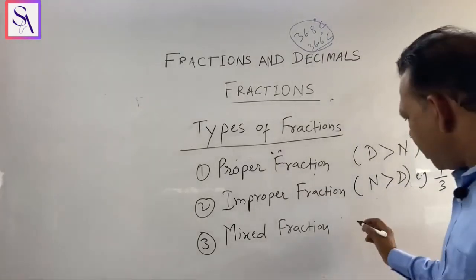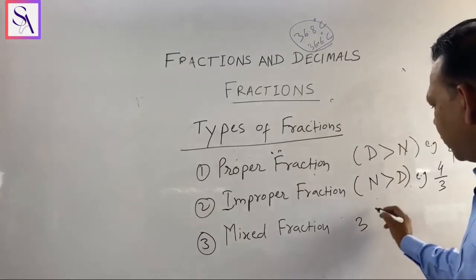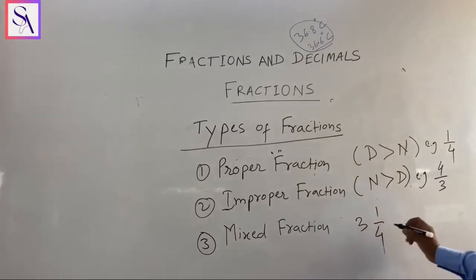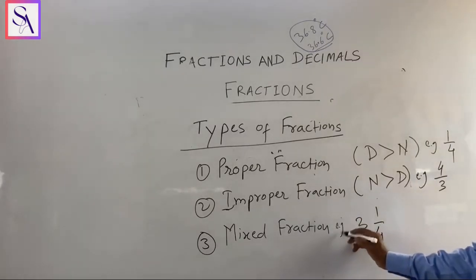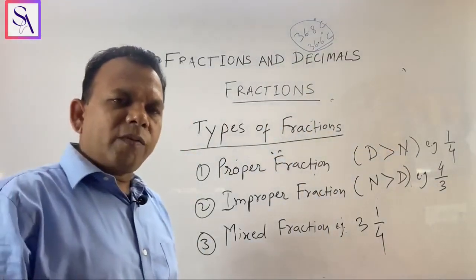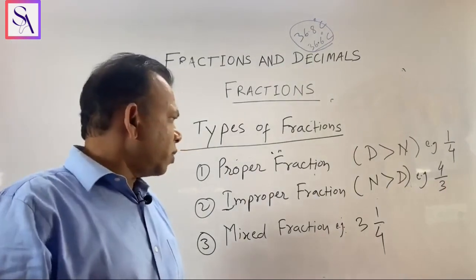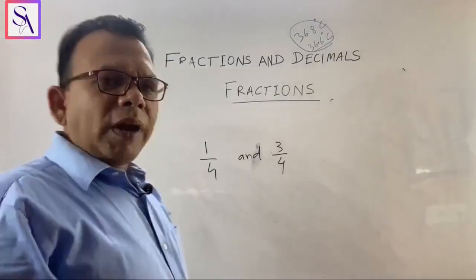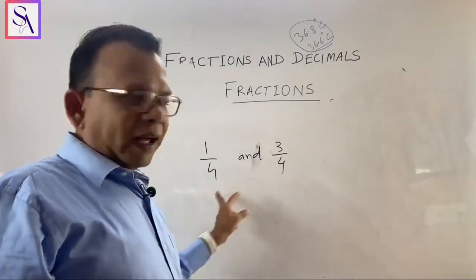And mixed fraction includes whole number, 3, 1 by 4 example, right? So 3, 1 by 4. This is a mixed fraction. So till now we understood what is fraction, what is whole number, what is integer, what is proper fraction, improper fraction, mixed fraction.